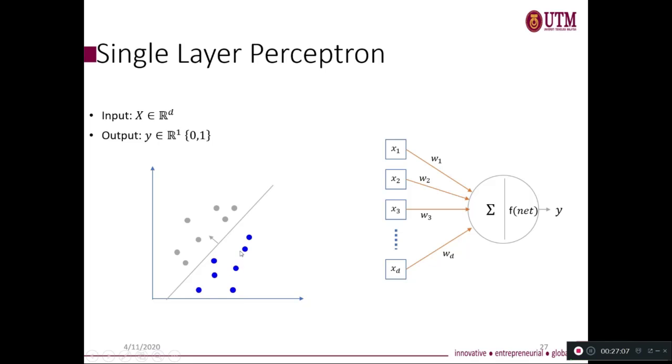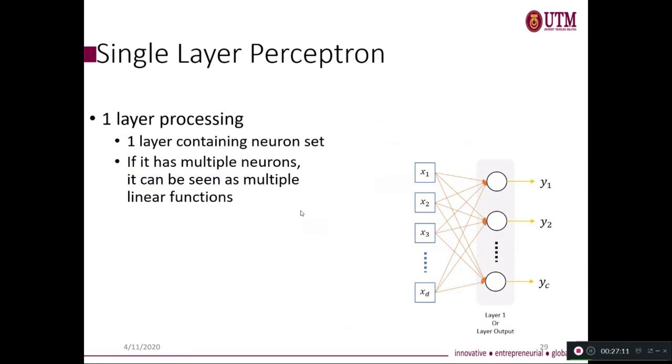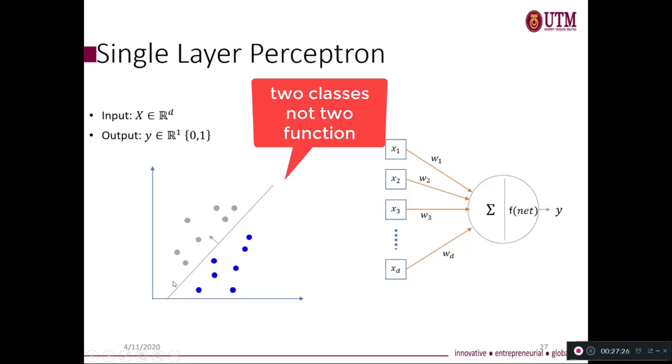So if you talk about a multi-class problem like this, just assume this f is a sigmoid function. So it's like your logistic regression. Logistic regression is only capable of separating between two classes, because the sigmoid function is a binary classifier.